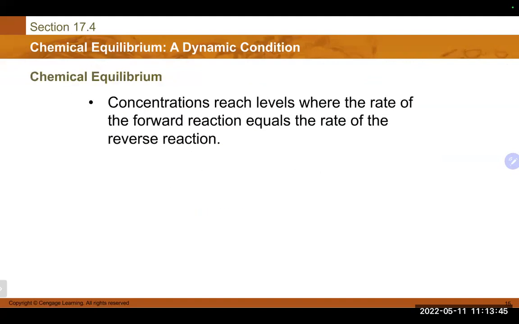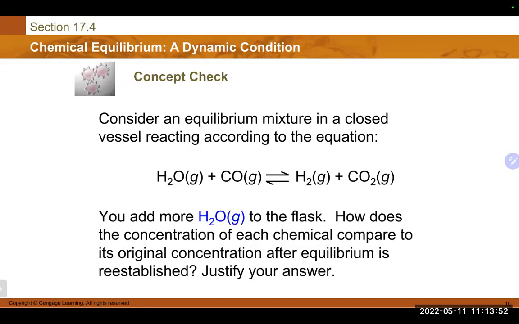So concentrations reach levels where the rate of the forward reaction equals the rate of the reverse reaction. And again, that is the definition of chemical equilibrium. So if we look at this reaction here, we have this guy that has reached equilibrium. And we decide that we want to add more H2O in this particular case.